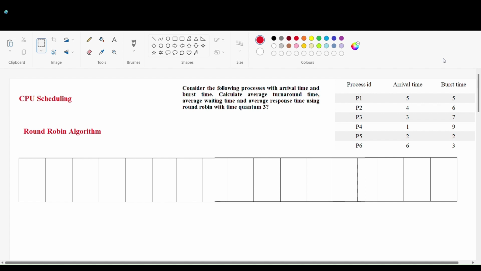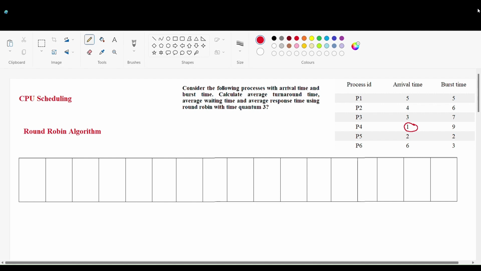So there are 6 processes in the system: P1, P2, P3, P4, P5 and P6. This is the arrival time. So at 1, P4 enters into the system. P4 is the first process that arrives, at 1.